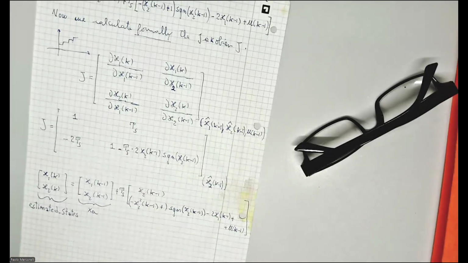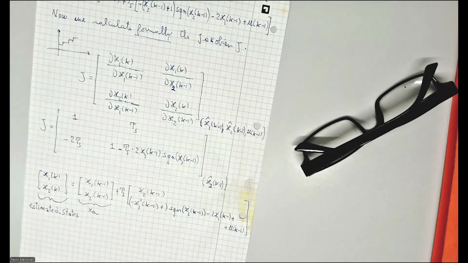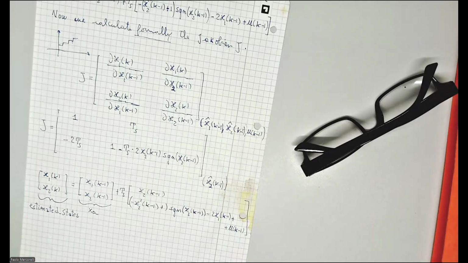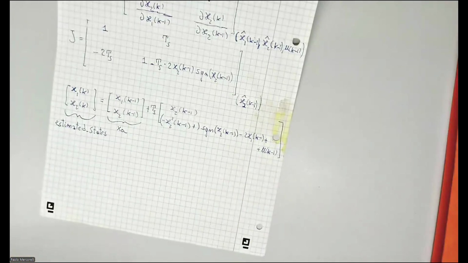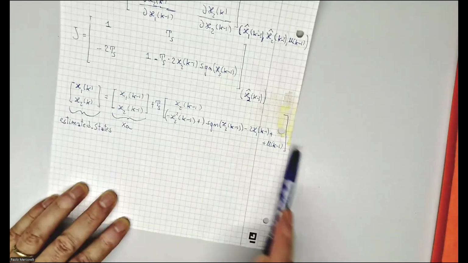If you remember equation B of the Kalman filter, the a priori estimation of the covariance matrix, P minus, equals Jacobian transposed, multiplied by P k minus 1, the a posteriori covariance matrix, multiplied by the Jacobian, plus Q. This Q tries to include also what is wrong in the Jacobian, if something's wrong. It's just everything written in vectorial form.